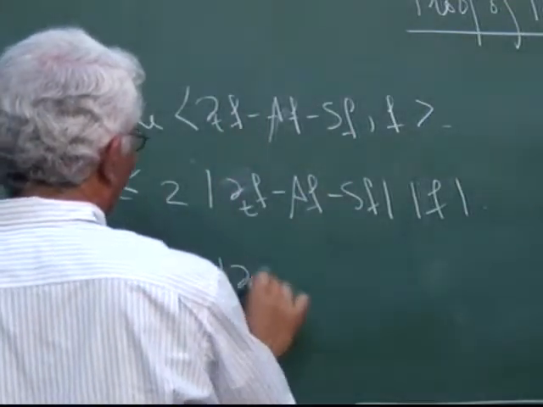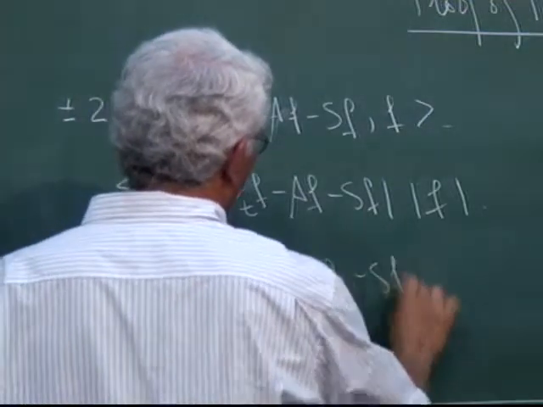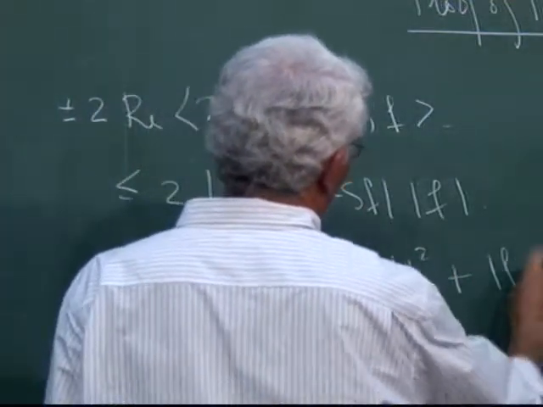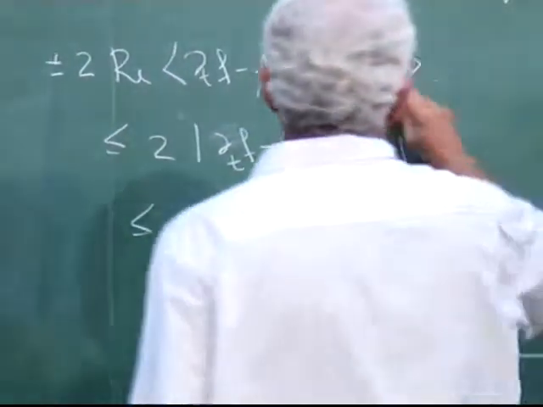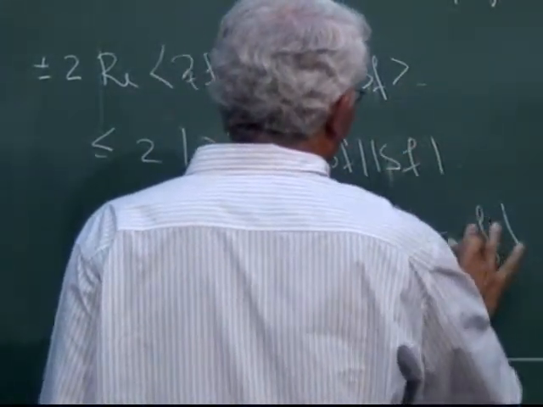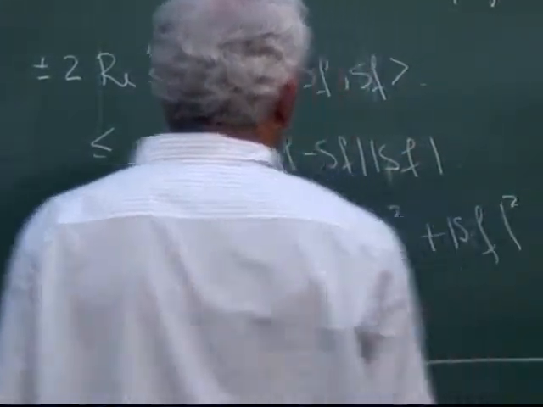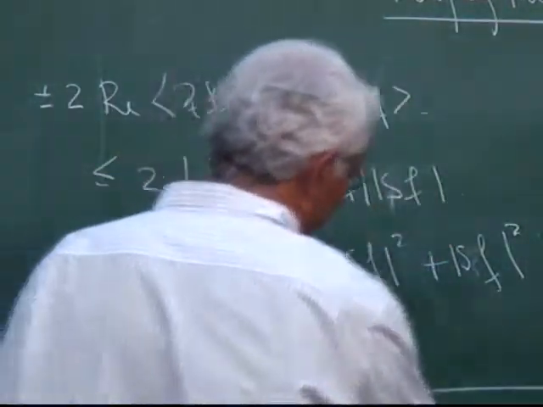Then this one, the square, plus this one squared. No, SF. This is SF here. This is SF here. This is SF. Okay? Then you have this integral.